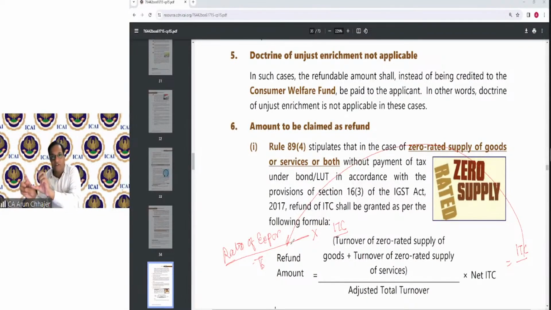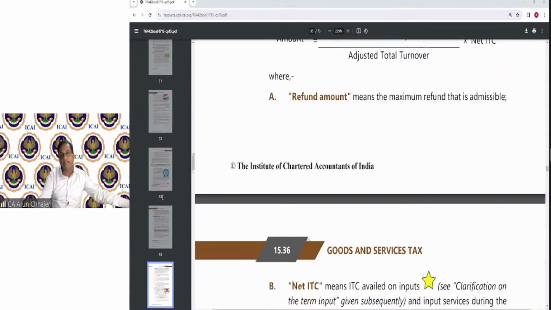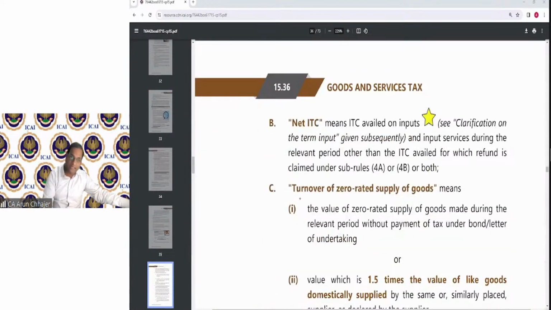They will give the refund to that extent. We are calculating the eligible amount of the refund. So when you see the definition of the net ITC, the definition of the net ITC means ITC on account of input and input service.